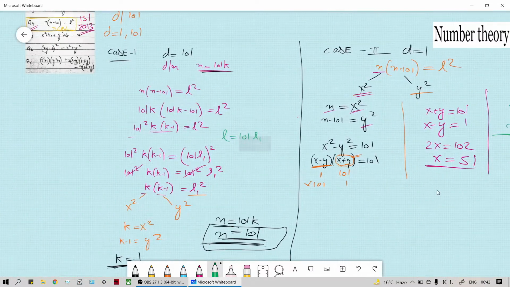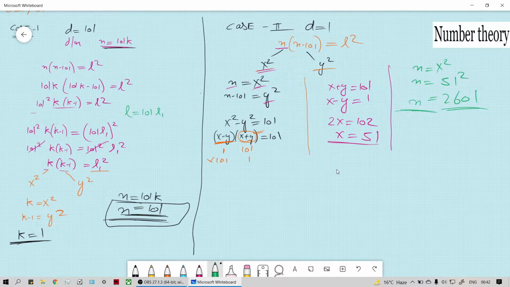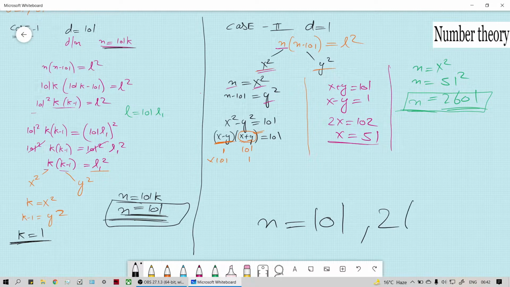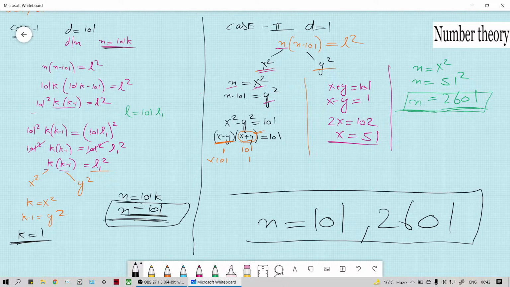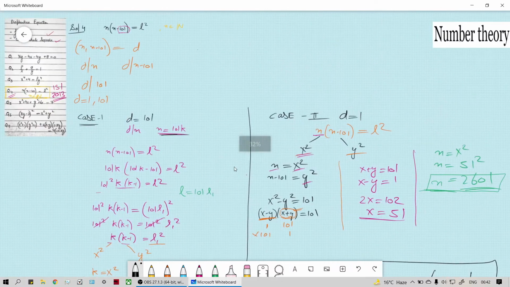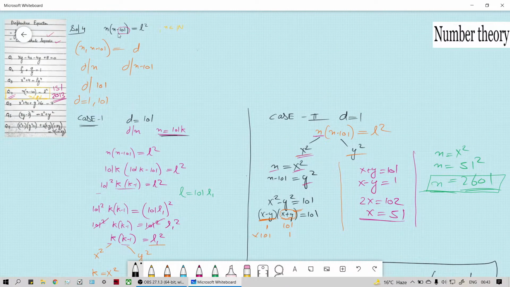So from case 1 we got n is 101, and from case 2 we got this. So we have two solutions, n is 101 and 2601. First we tried to see what their GCD is.